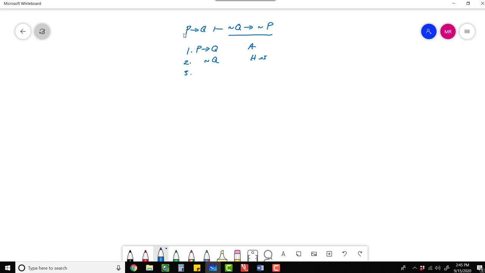So what am I going to do? I am now trying to derive not P, so I'm going to assert the negation of the conclusion for negation introduction. Up until now, you might think that, just like with the trees, you actually have to write not P, but that's not the case. Hypotheses are things that you can take on at any time you like for any reason you like.